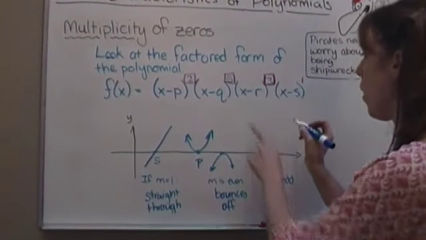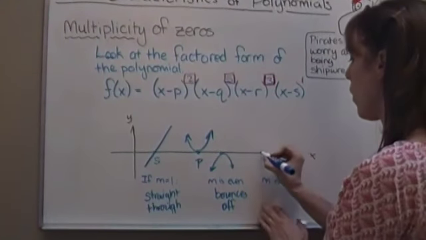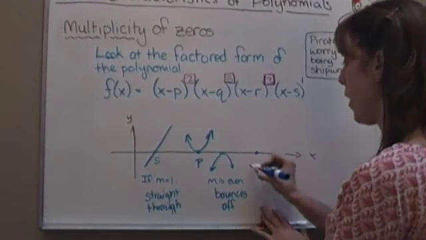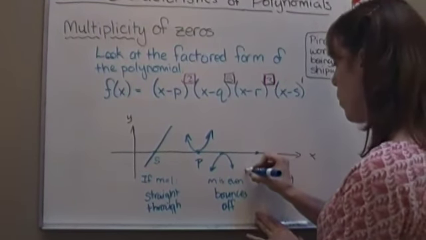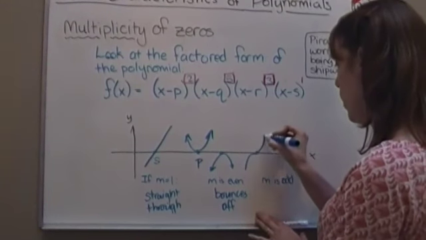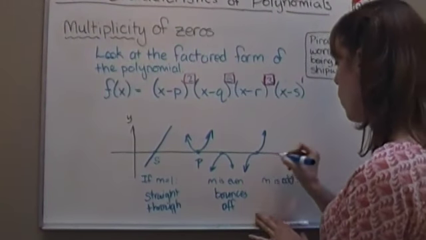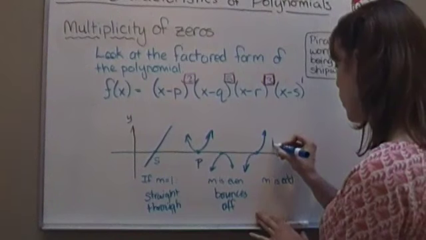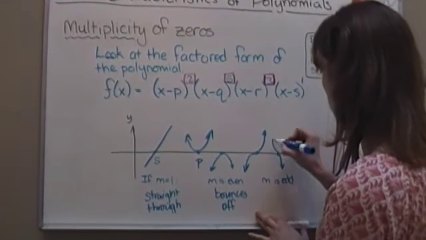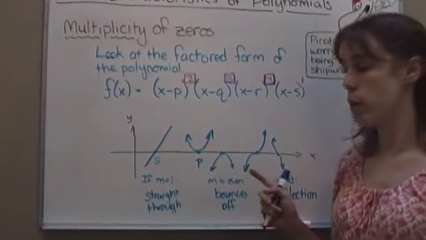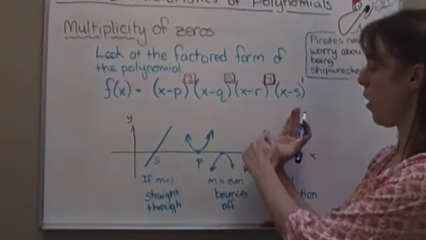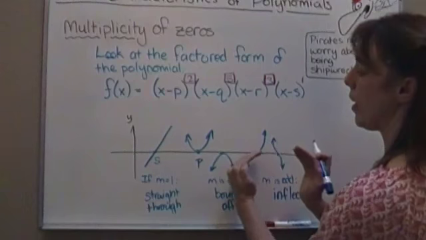If M is odd, something like Q or R, you can have the graph behave like an odd degree function. It's going to go up, whoa, and go like that, or it could do this just as easily. We call this point a point of inflection, where the graph has gone from concave up to suddenly concave down.